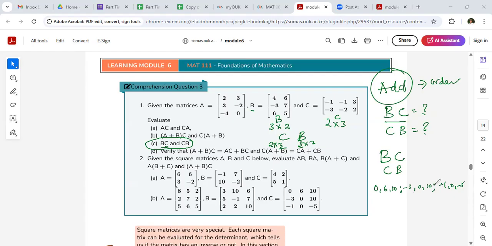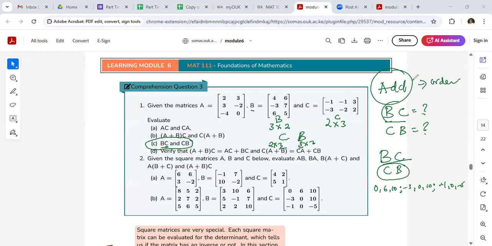That way I'll be able to pick the entries. So the upper alphabets find BC. The lower alphabets find CB. We want to compare BC and CB. Then once you're done, you can type the answer in the chat.